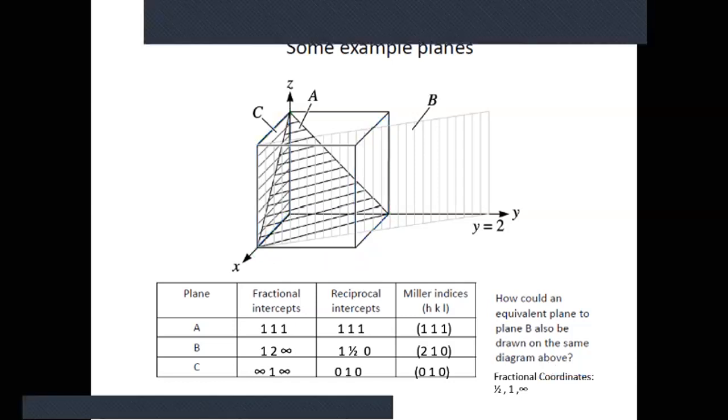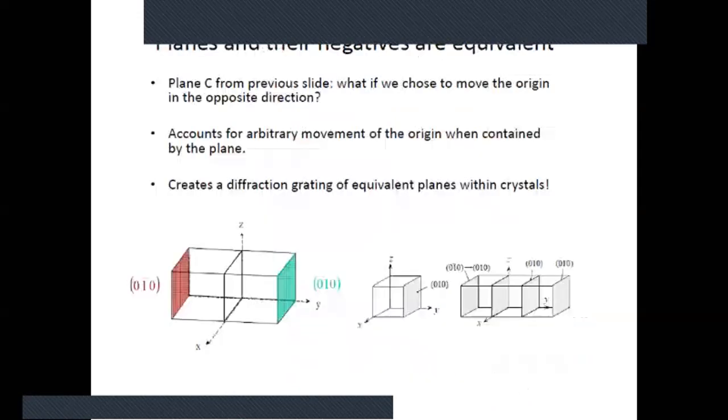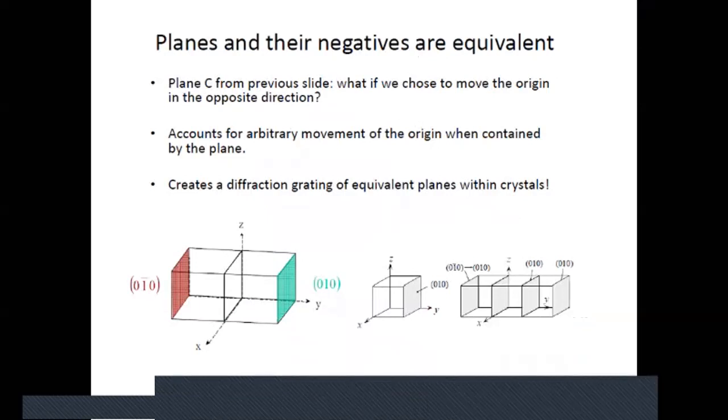Let's look at a few more examples. What's the difference between positive and their negative equivalent planes? From the previous slide, we saw that plane C was the 0, 1, 0 plane.